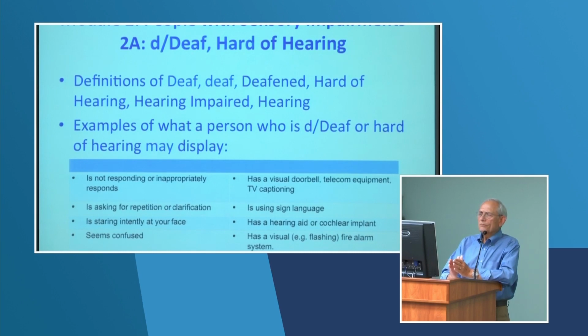All right, people with sensory impairments. So big D and little d deaf and hard of hearing. Big D deaf is people who identify themselves as being part of the deaf community.